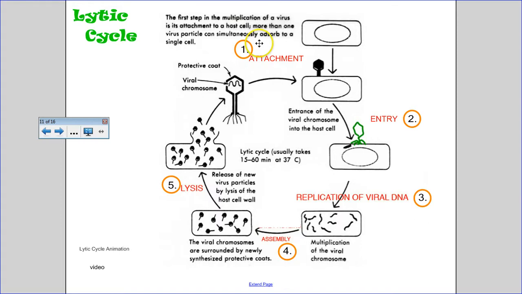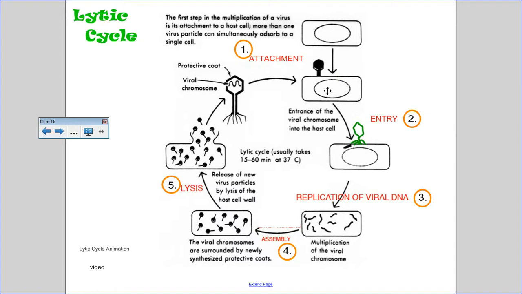So the first step in the lytic cycle is where the virus attaches, so it uses its tail fibers and attaches to the host.